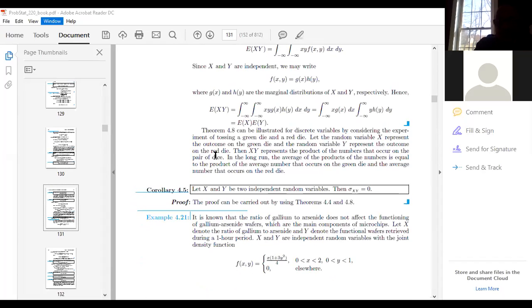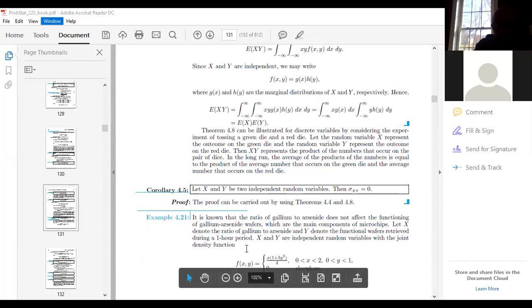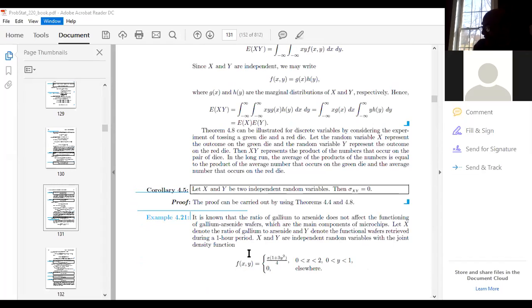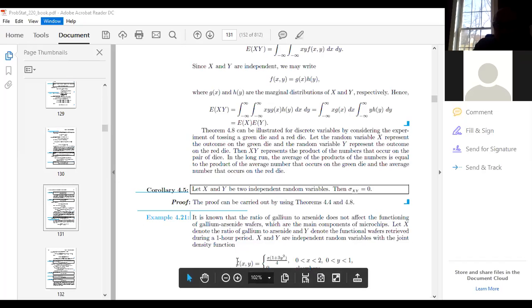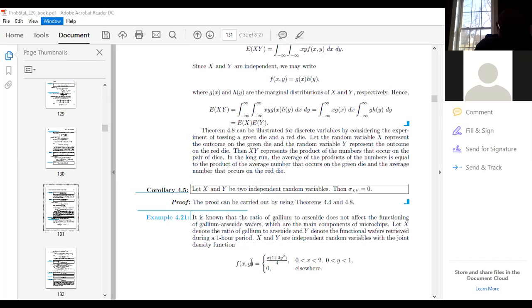X and Y are two independent random variables, then sigma XY, the covariance, is equal to 0. Now look at this example for the function of two independent variables X and Y. Whenever you are given two independent variables, we rely on page 97, definition 3.10 of this book, the marginal distribution.